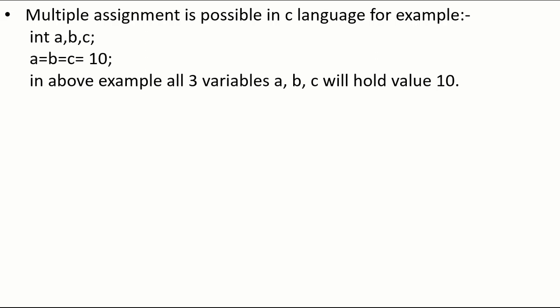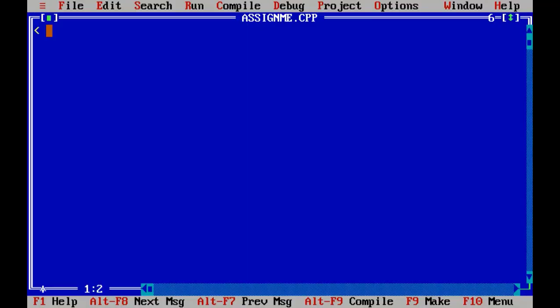Let's check this example. Here we have #include stdio.h header file, #include conio.h header file, void main function and block of main function.